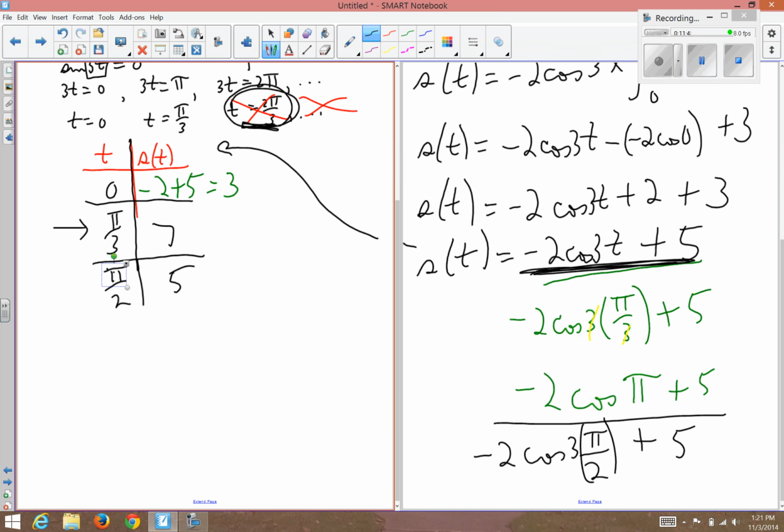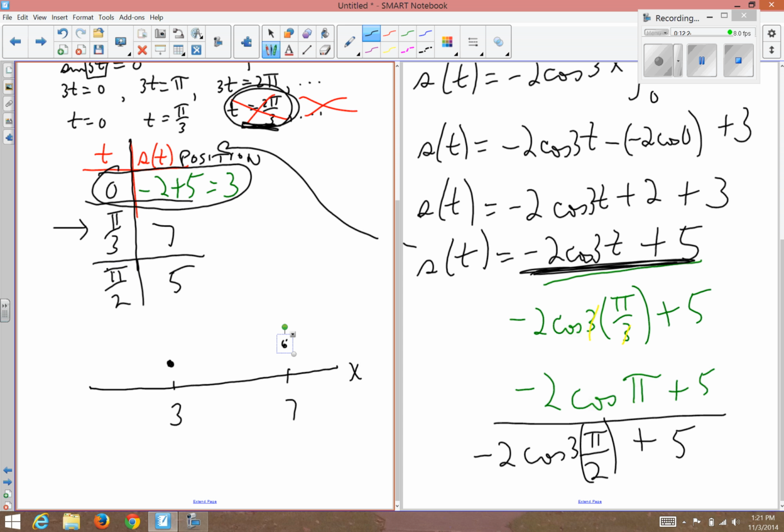So here's what this tells you. If this is a line that a particle is walking on, let's say it's the x-axis, at time 0, the particle's position, s of t stands for position, is 3. So wherever 3 is, that's where the particle is starting its journey. That's where it is at time 0. A little while later, as time passes, the position is 7.